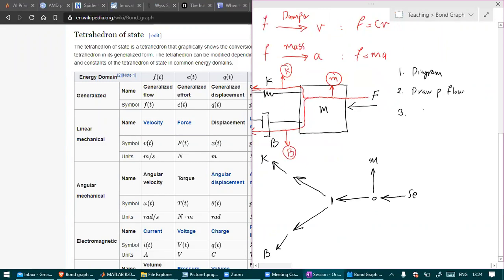Third step is for each element, ask what remains constant across. And fourth step is for junctions, ask what is distributed.